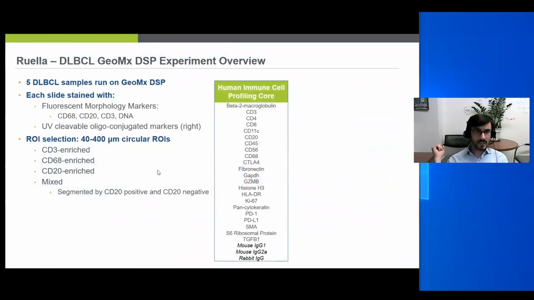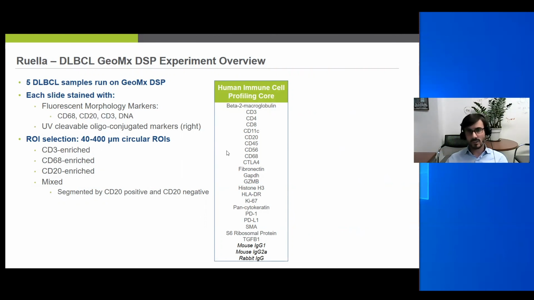We started this work by analyzing lymphoma patients, either patients that were treated with chemotherapy or patients that were treated with CAR-19. We looked at different markers, CD68, CD20, CD3, in order to identify macrophages, B cells, T cells, and of course a DNA marker, and we generated regions of interest.